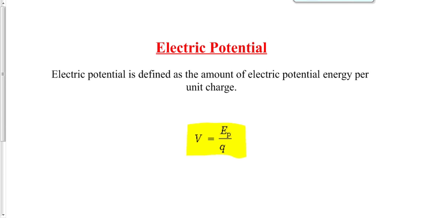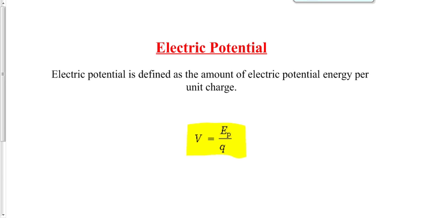It's kind of like saying, if money is analogous to energy, let's say that for a second. Let's say that there's 25 of us in this class, and let's say that we have a total amount of money in this class of $100. That would be analogous to the electric potential energy. The potential would be $4. $4 per person is analogous to potential.